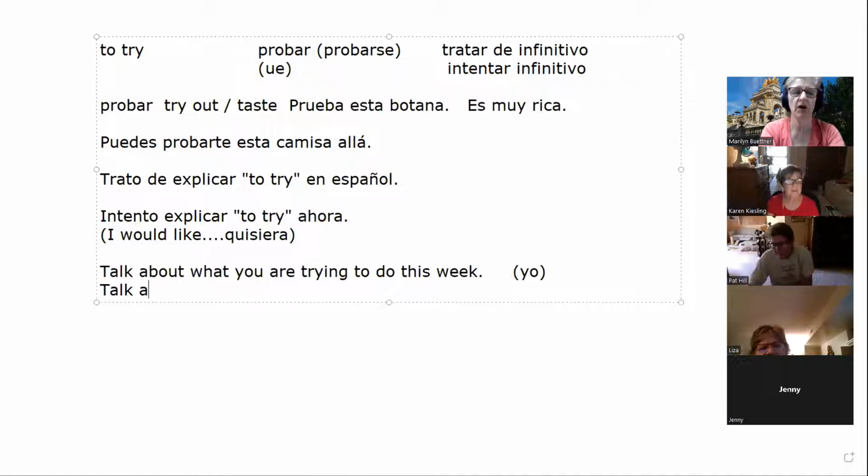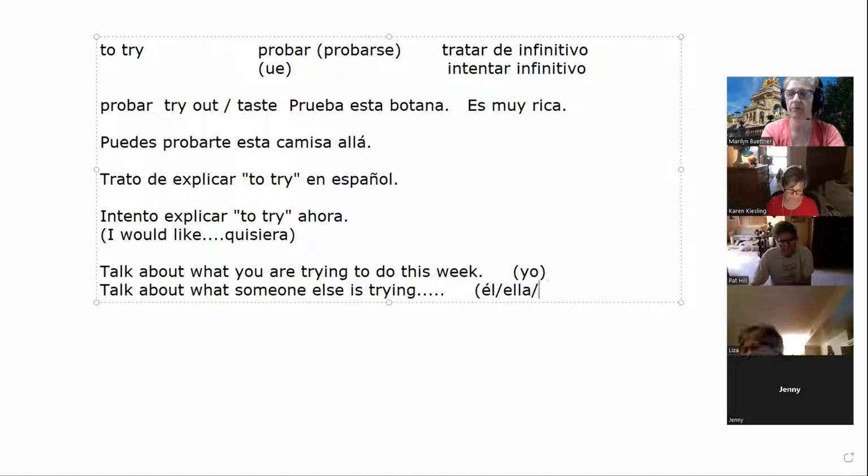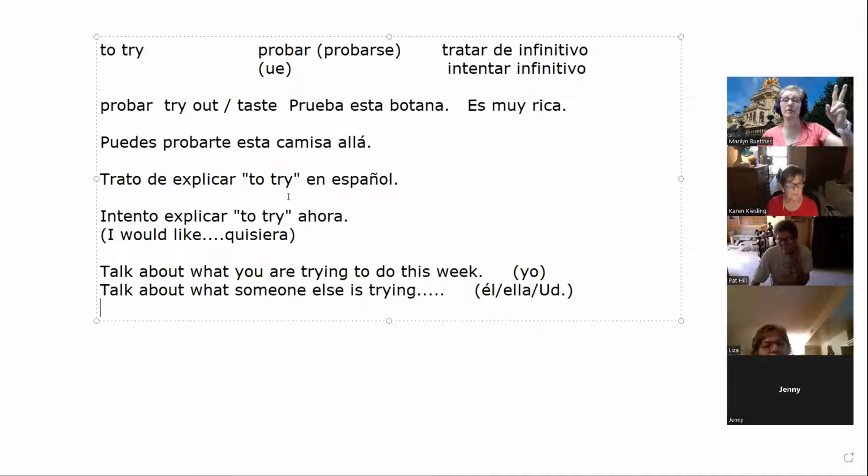And then maybe to talk about what someone else is trying to do, meaning you're going to have to use an él, ella, usted form. Okay. So trying to do, you're not going to be using probar for that one, right? You can switch between or use either tratar de or intentar, okay?